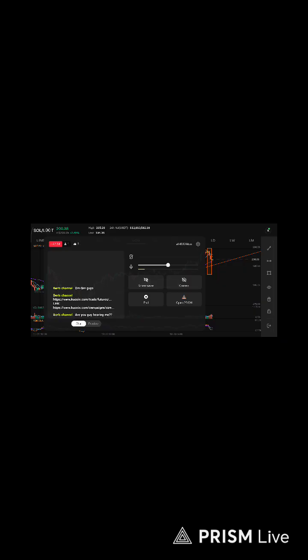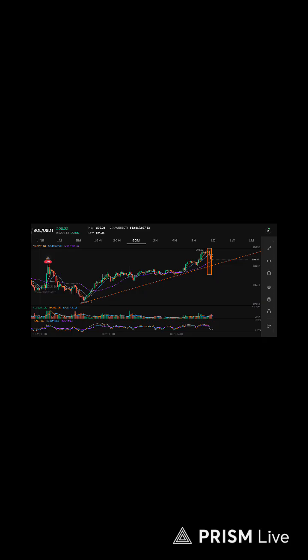Let me check. Okay, no question. That is a typical example of a bearish engulfing candle. We also have another one. We have a lot.